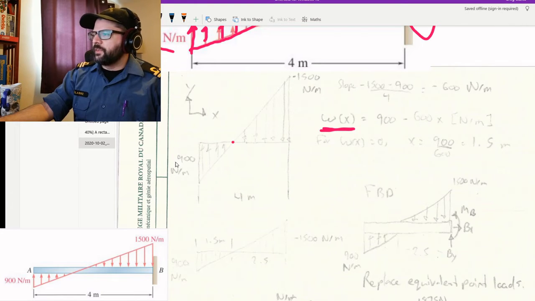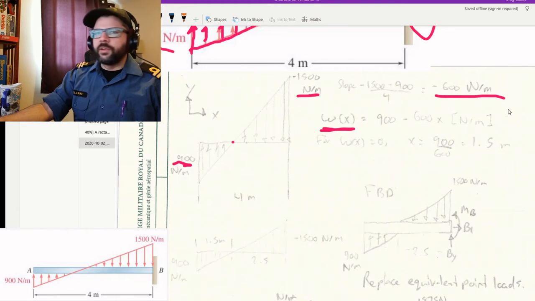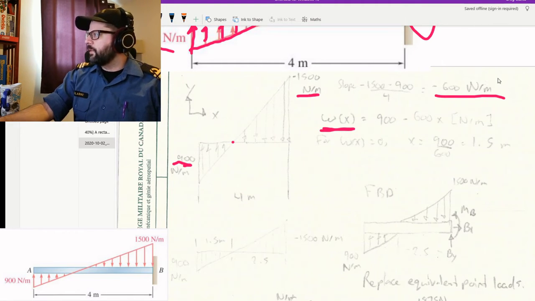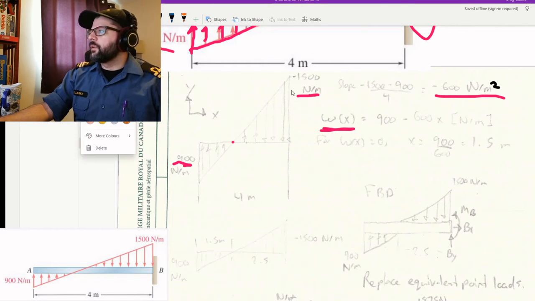If this is 900 newtons per meter, and this is a negative 1500 newtons per meter distribution, and it varies over these 4 meters, that means we've got a slope of, its magnitude is 600 newtons per meter per meter, newtons per meter squared.